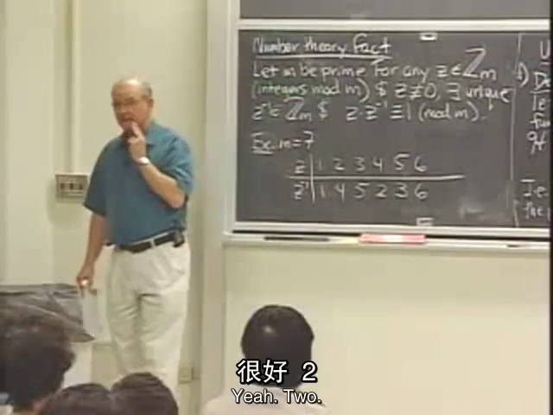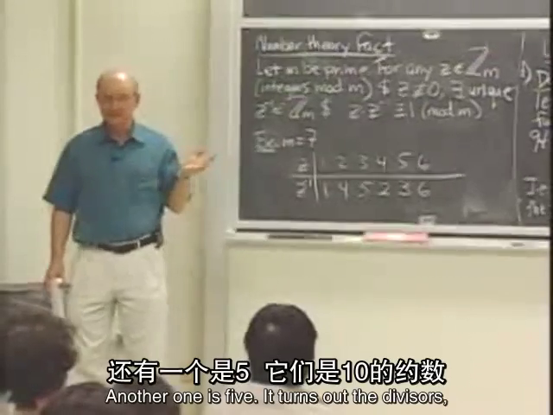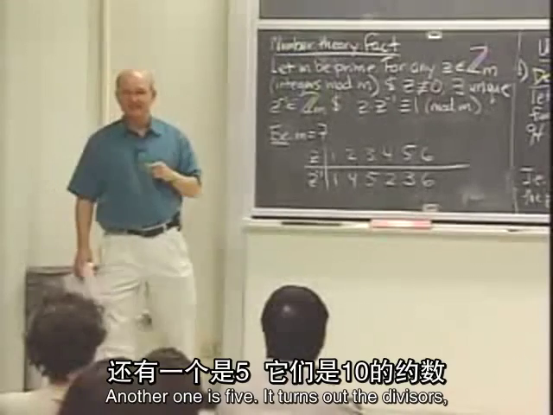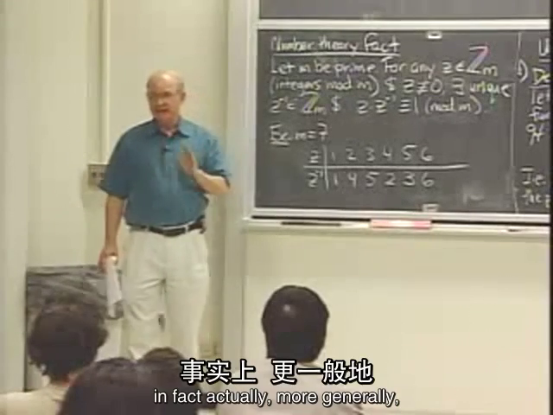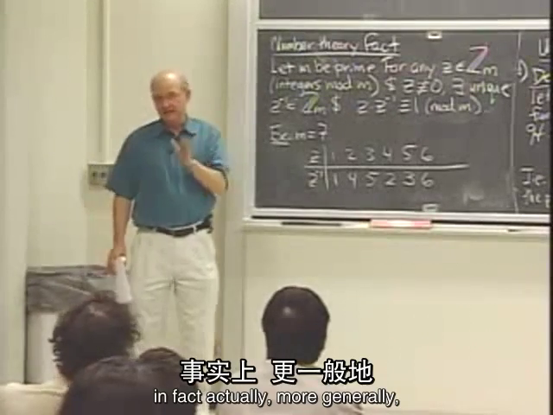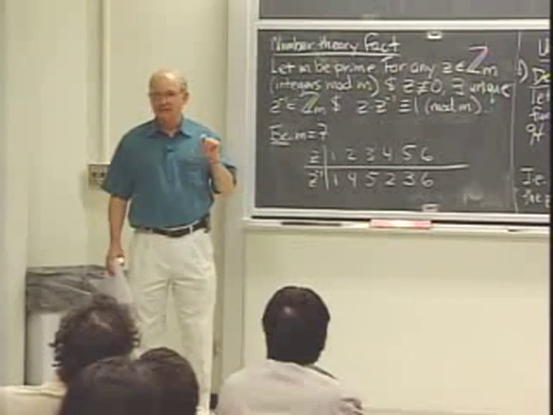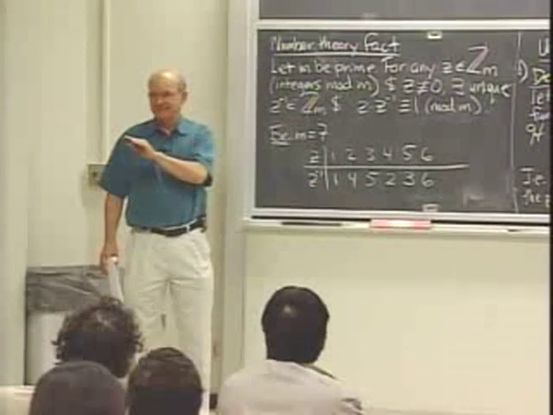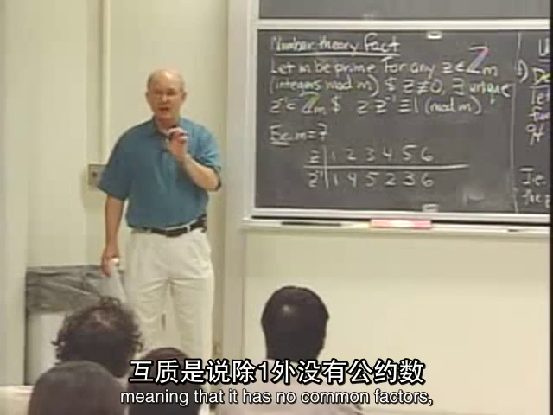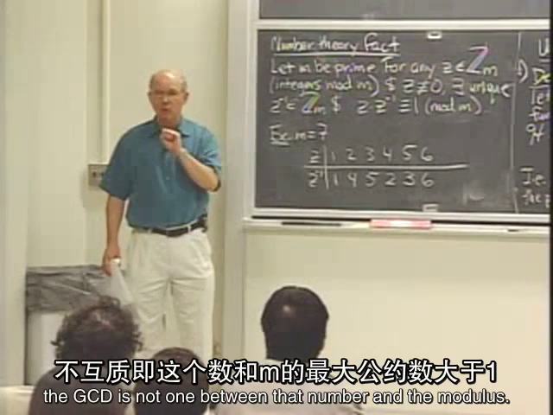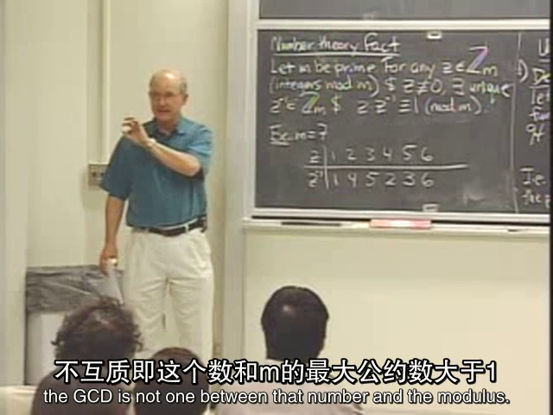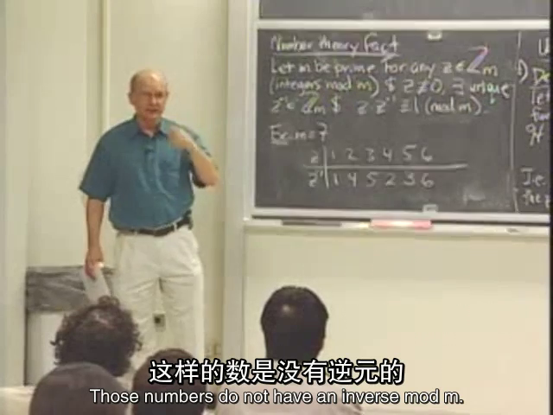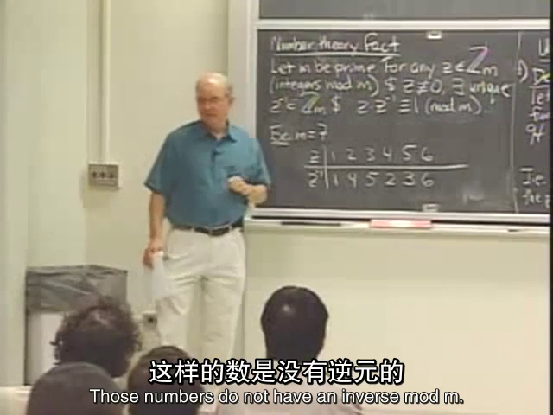Yeah, 2. Another one is 5. More generally, a number that is not relatively prime to the modulus, meaning the GCD is not 1, does not have an inverse mod m.